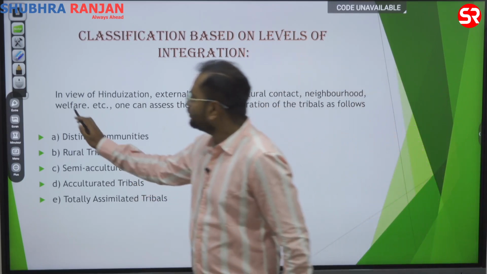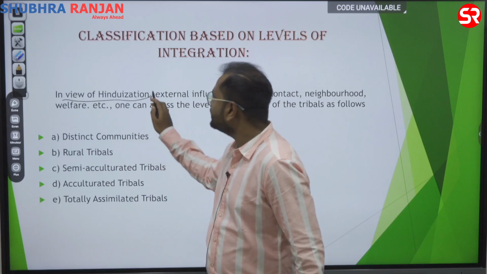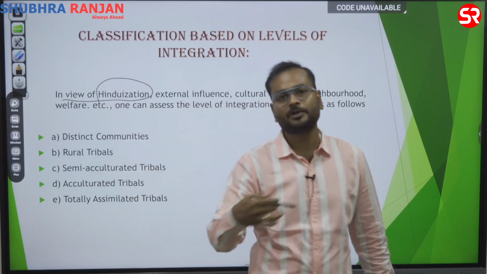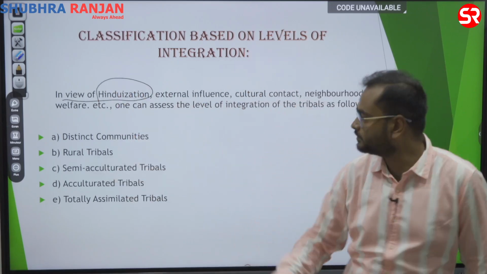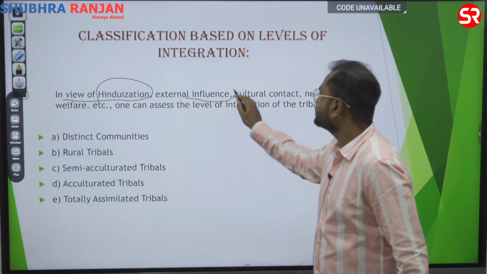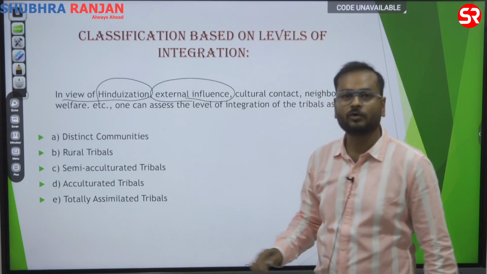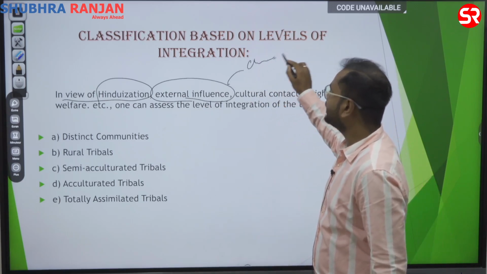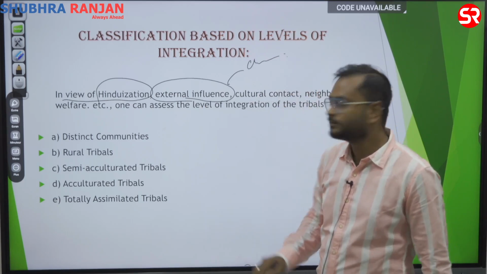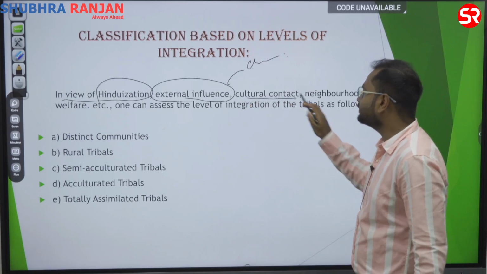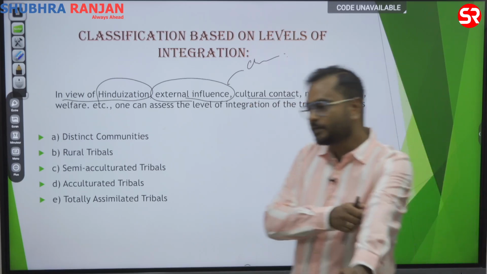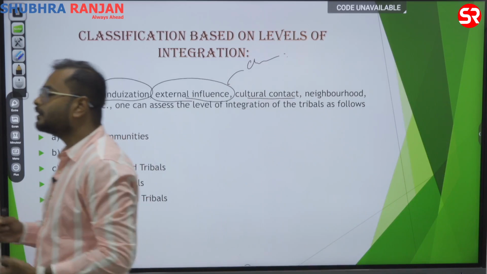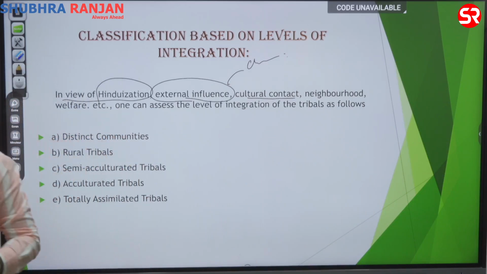So it talks about that in view of Hinduization, that means incorporation into the fold of Hinduism, external influence, isn't it? What kind of external influence? That means influence of Christianity can be an external influence. Then cultural contact, that means one example of cultural contact may be the influence of caste Hindus.